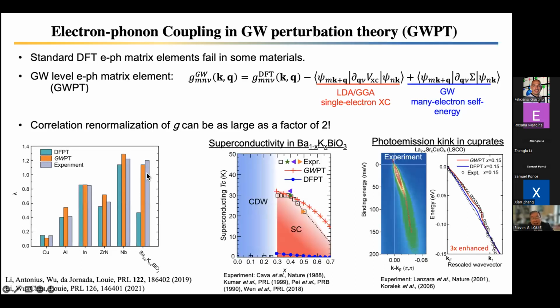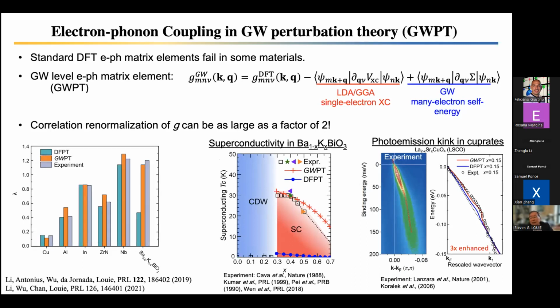And this kind of enhancement, in fact, explains the high superconducting transition temperature in this material, and also the dopant dependence of Tc for this material. We have also applied this kind of approach to look at other oxides.